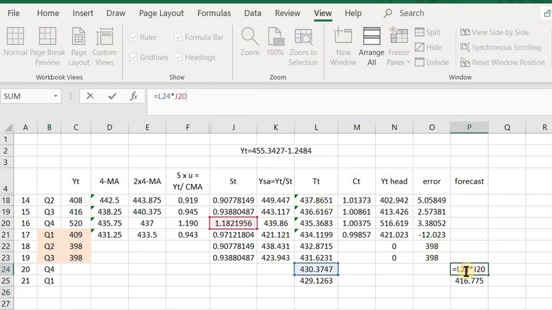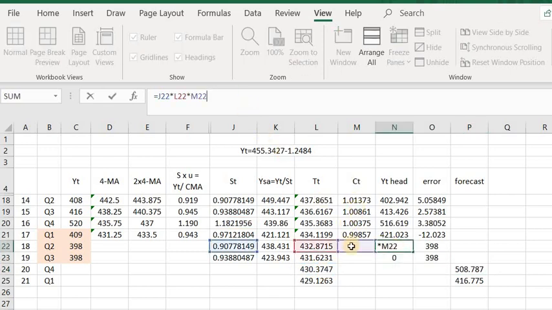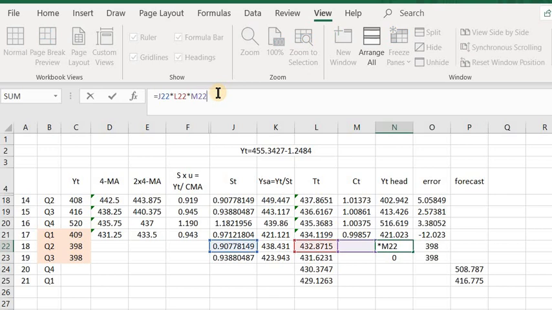So this is quarter 4, taking the seasonality of quarter 4 and multiplying by the trend. This one equals 0 because it is multiplied by the cyclical, for which we don't have a value. So I delete the cyclical, because we assume that there is no cyclical component, right?